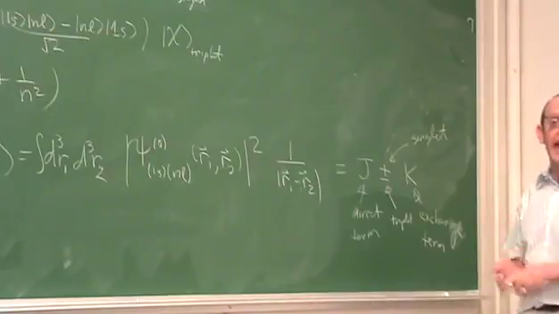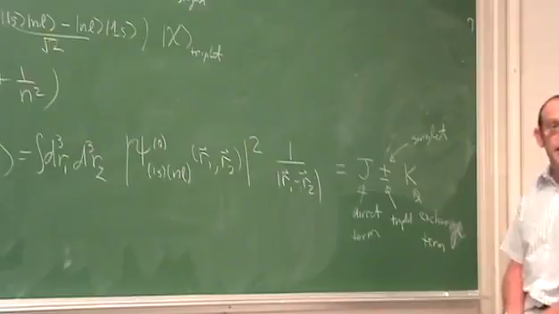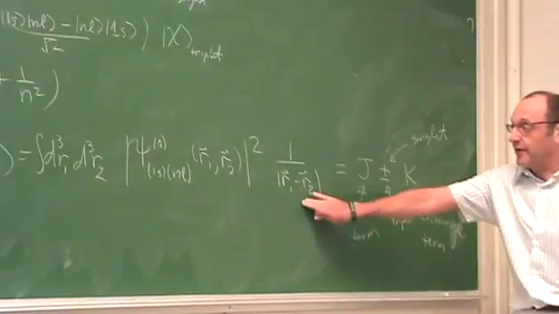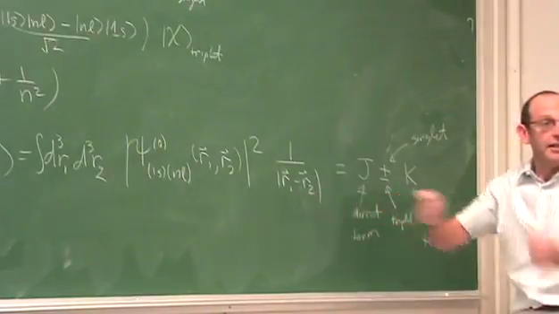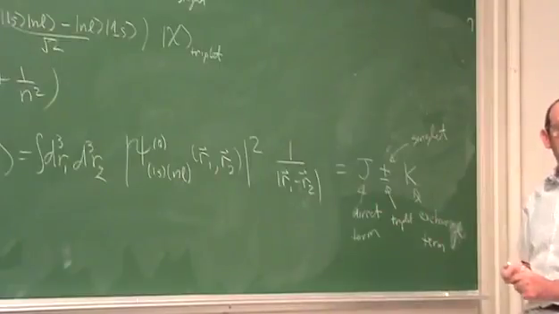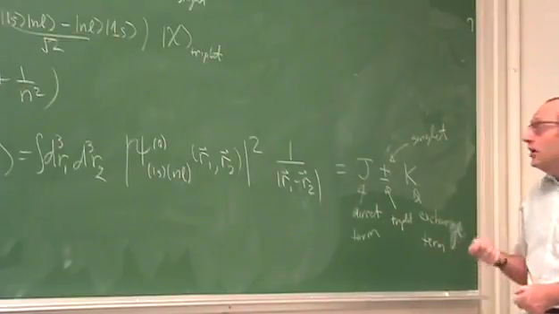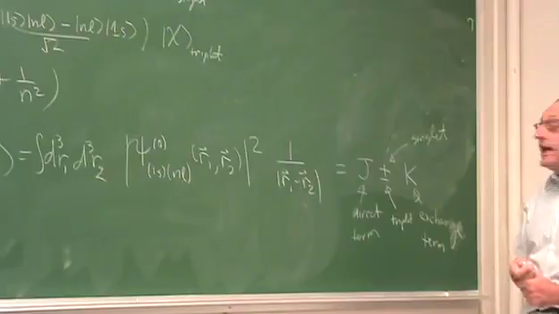Remember where this excess energy is coming from. This excess energy is coming from the repulsive energy associated with the two electrons. So why should the singlet be at higher energy than the triplet?